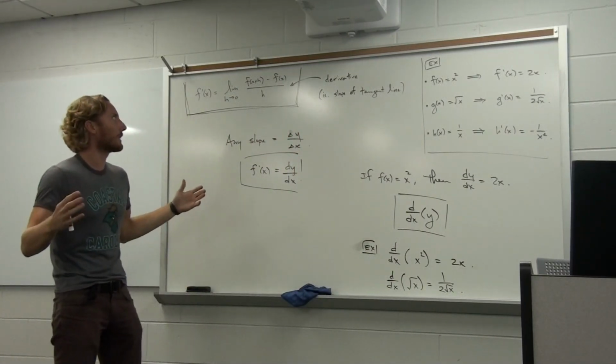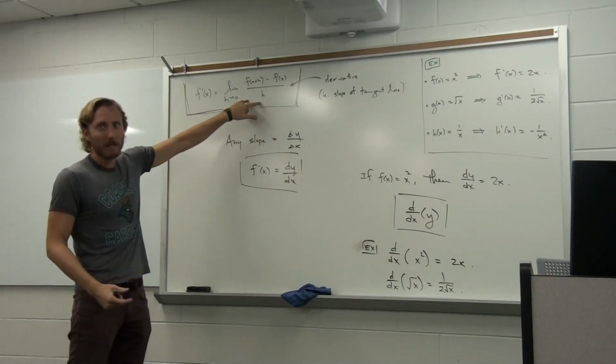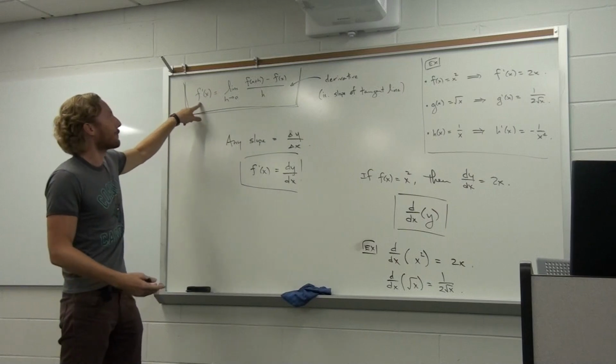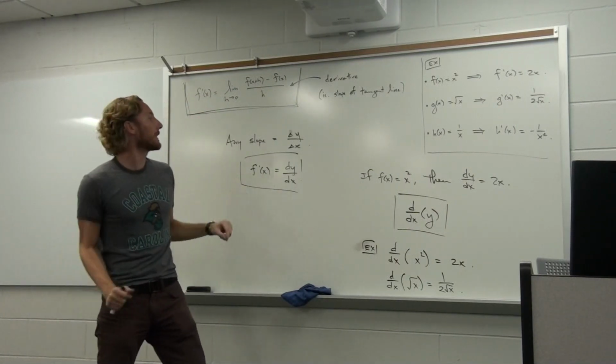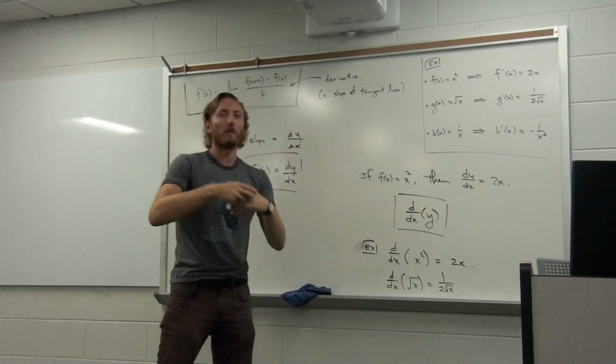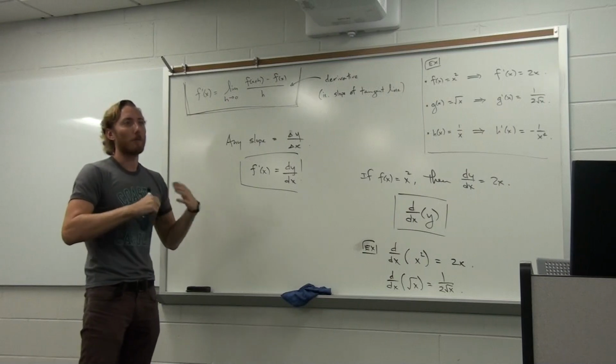But the long story short is there's multiple ways to express the idea of derivative: as a limit, which is its definition, as f prime, which is one way to notate it, as dy over dx, which is another way to notate it, or as d over dx of y, another way to notate it. All of the ideas here are the same, they're just different ways to express it.